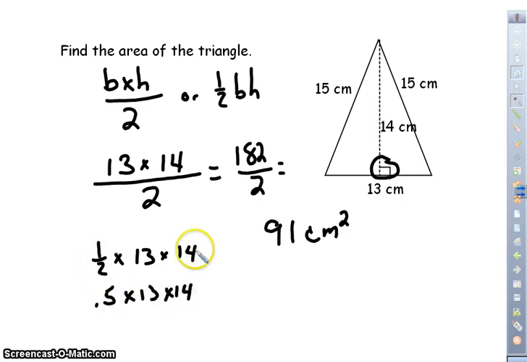You could also take half of one of those numbers. Since 14 is an even number, it's easily cut in half, so 7 times 13 would work as well. So 13 times 7 also gives you 91.